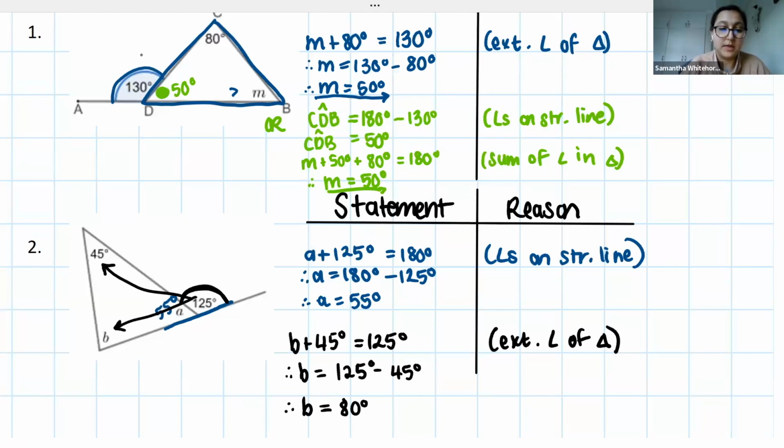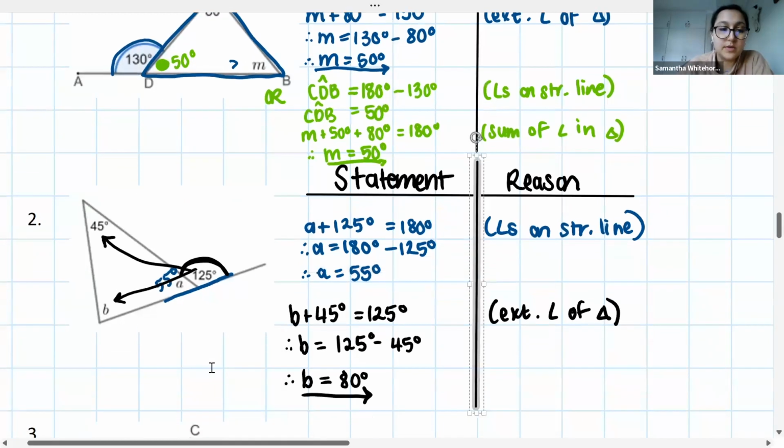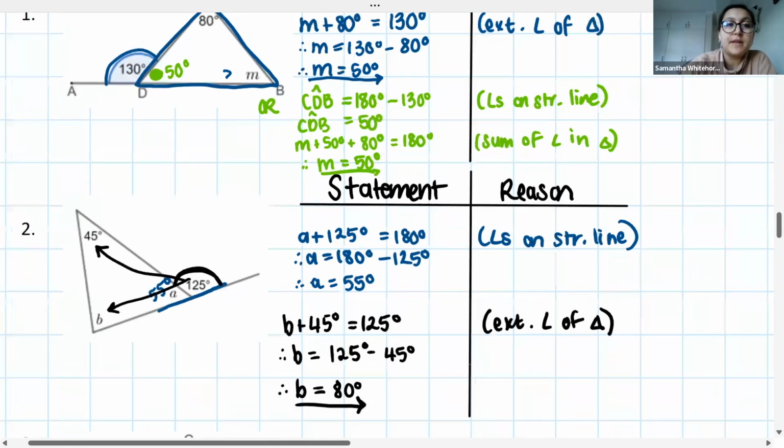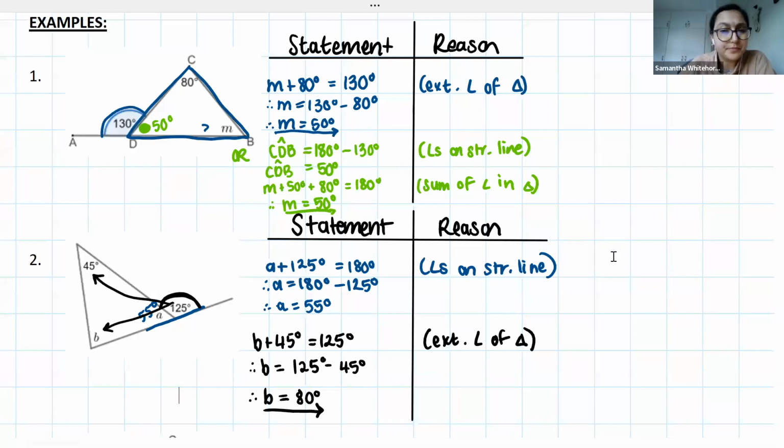As you can see, because I am having a day, I better double check that B is equal to 80 degrees. Now you would have gotten that whether you said angles in a triangle or whether you used exterior angles like I did. Either one gives you exactly the same answer. And that's why I'm saying there's often multiple ways to do the same thing. As long as you apply your reasons correctly, you will get full marks.